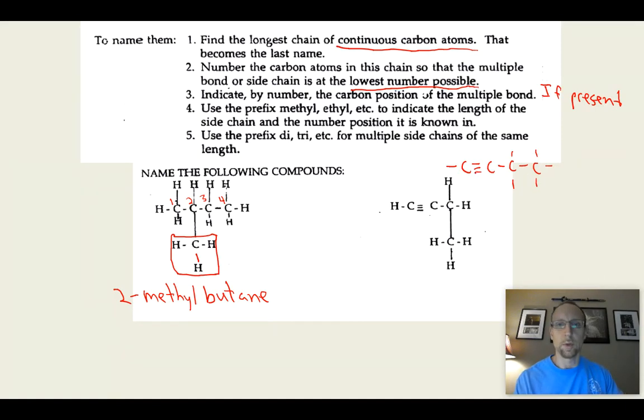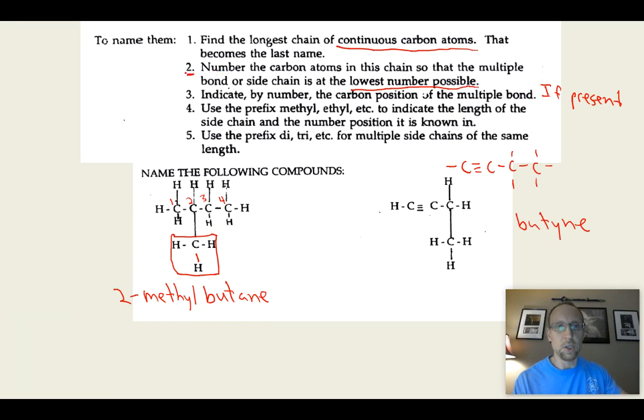We would call this an alkyne because it has a triple bond, right? And it's 4 carbons. So it's butyne. All right. But now the one thing we haven't been doing, we were doing this in the last lesson, is using that number to show location. So here is step 2.